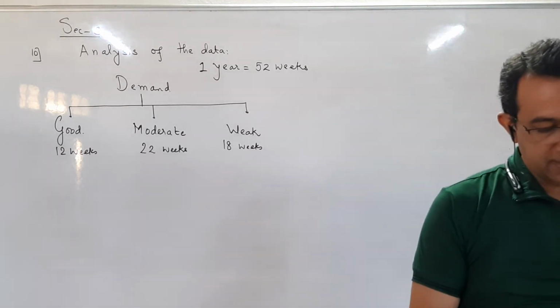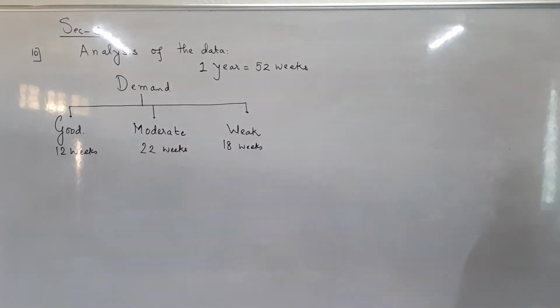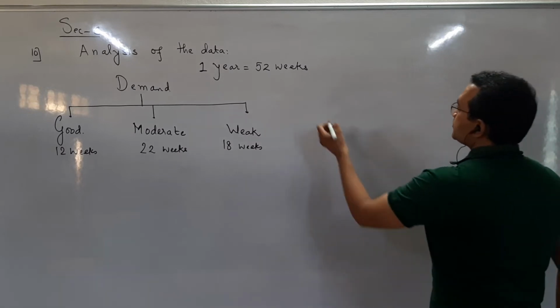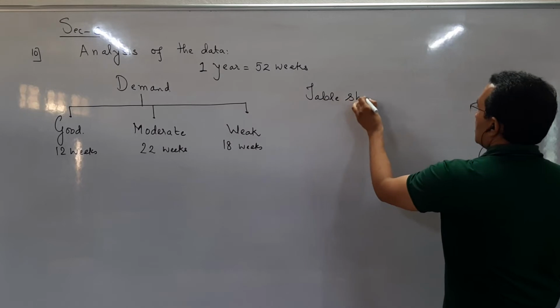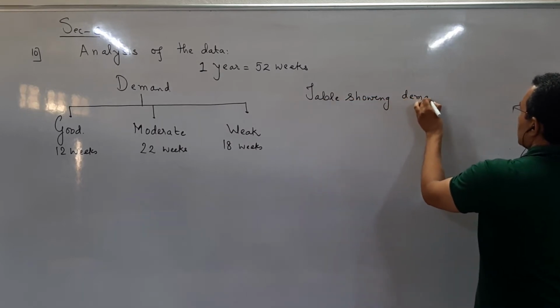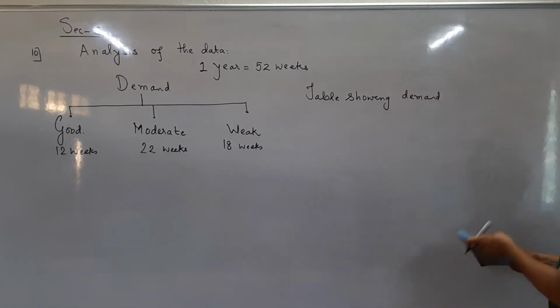Students, don't again see the answers given at the back. This is only the table, but as a formality we will write and prepare the table. Table showing demand of a certain item.